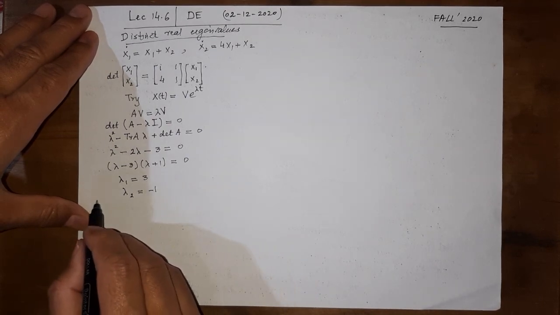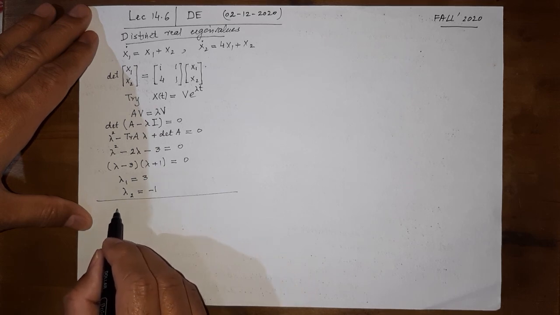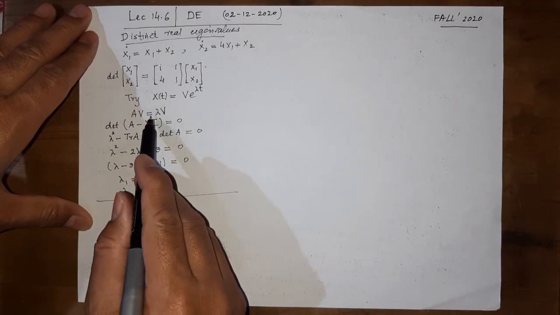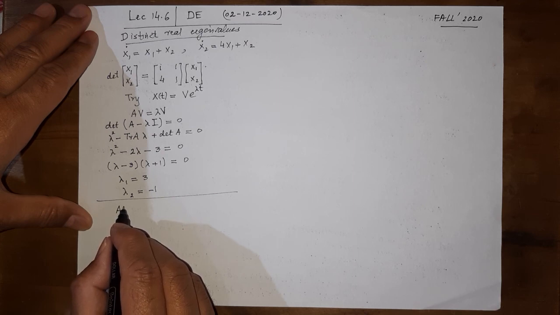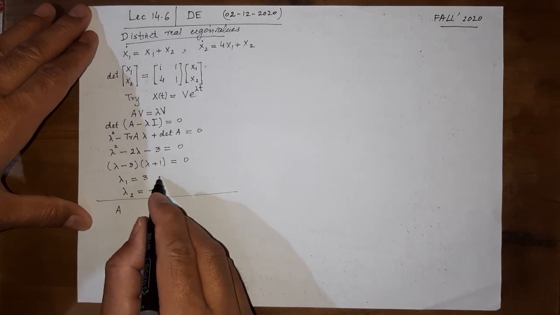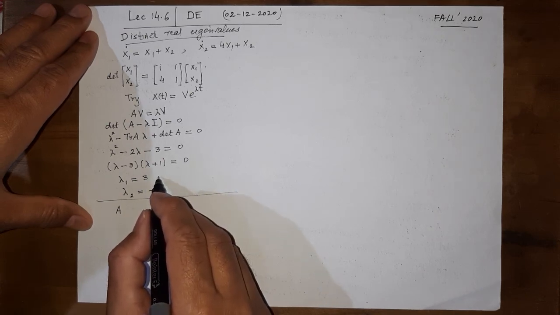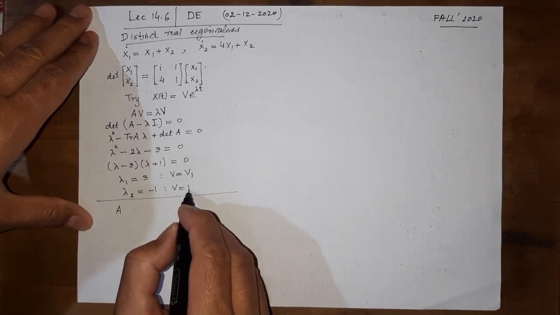And we know now that for each eigenvalue we need to find the eigenvector, and in order to find the eigenvector we need to solve this. Let us call the eigenvector related to lambda 1 v1, and the eigenvector related to lambda 2 v2.